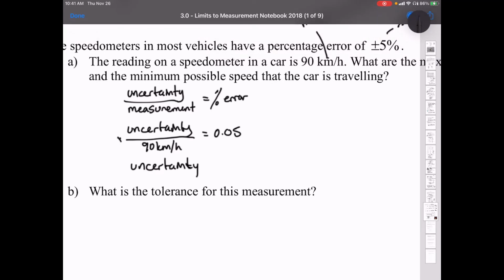All we have to do here is multiply both sides by 90. The 90s cancel, which would give you 4.5 kilometers per hour as your uncertainty.